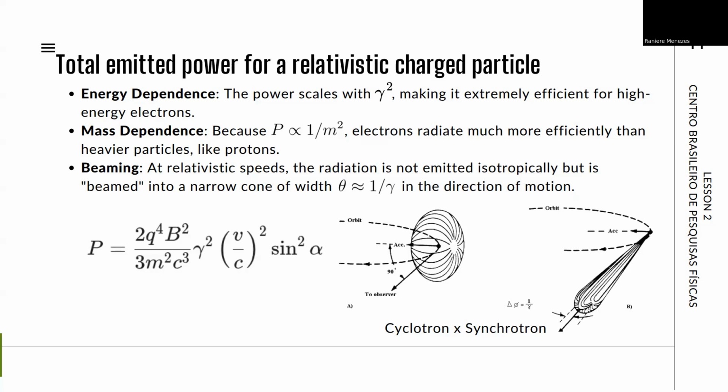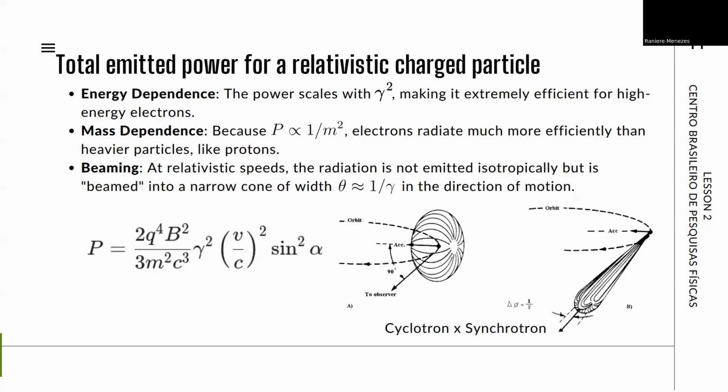And furthermore, at relativistic speeds we have something called the beaming effect. Have you heard about the beaming effect? Or maybe in Portuguese, farol relativístico. Do you know what it is? No. In the last class, I will show you today. I can show you the math, how we arrived there.